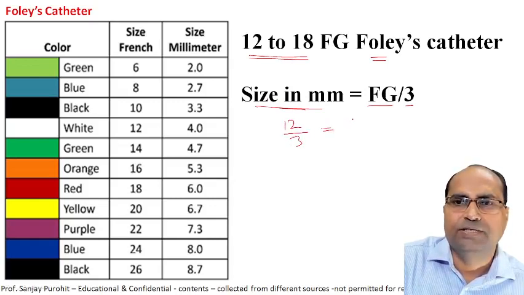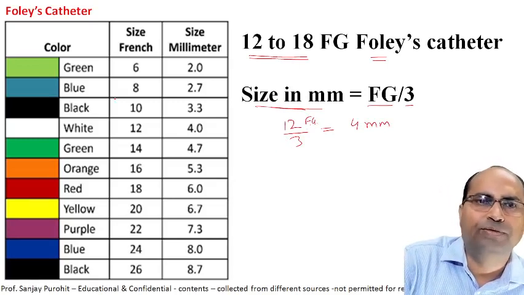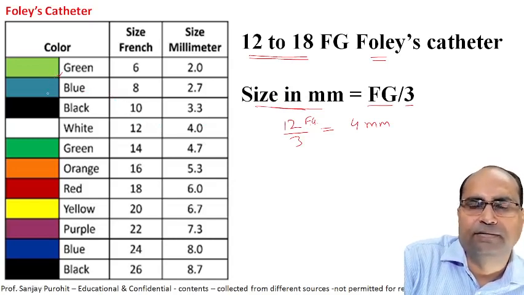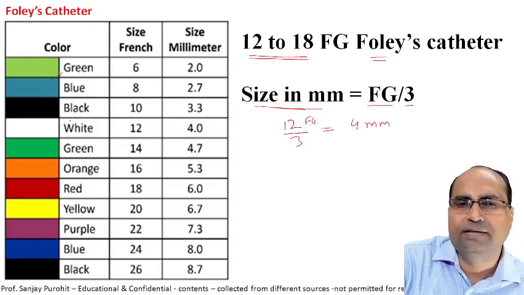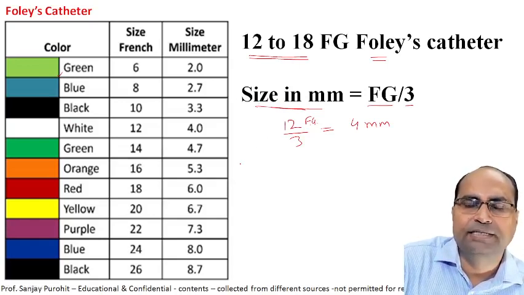The size is 4 in mm. 12 is the size in the French scale. The balloon port of the Foley's catheter has a color band on which the amount of the fluid is printed. The color of that band indicates the size.